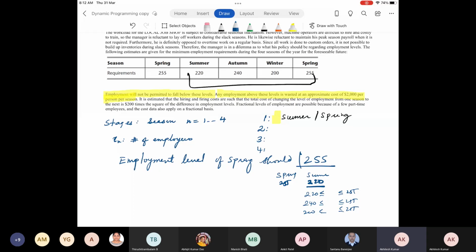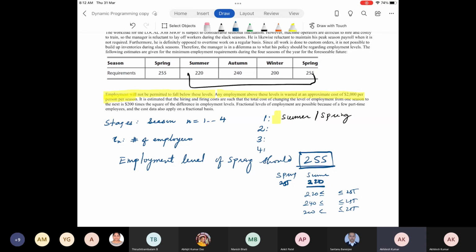Why am I so interested in fixing the employment level of spring? What do you think? If I fix the spring level employment, I just need to find summer, autumn, and winter level employment. Do you agree? So if I fix the employment level for my peak season, I do not want my employment level to go above 255.